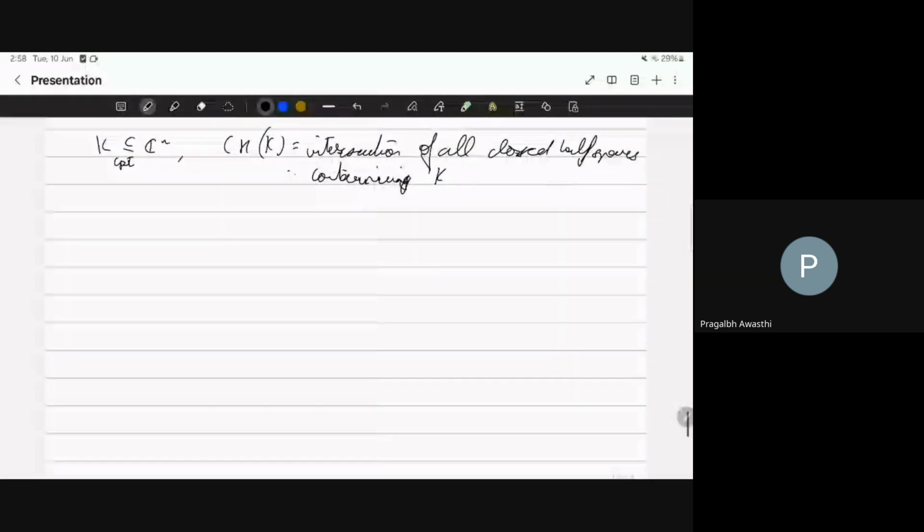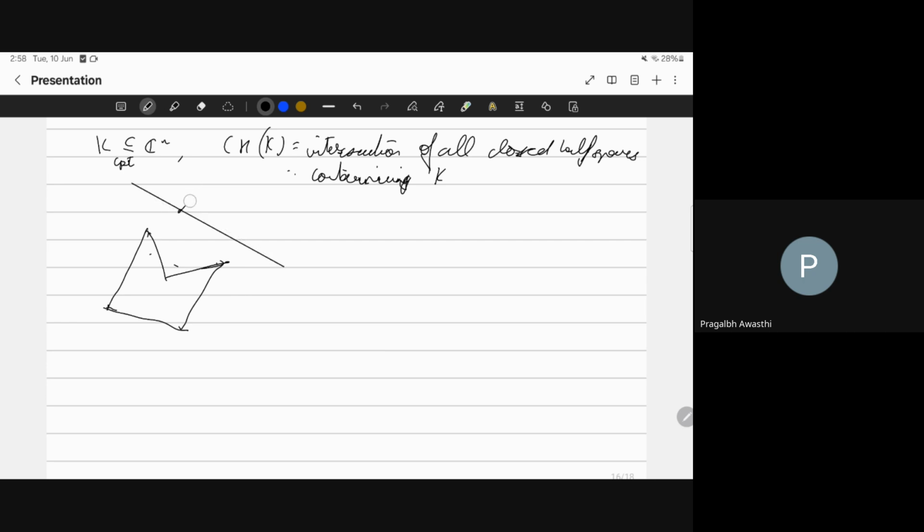Suppose my compact subset is something like this, which is clearly not convex. I can take two points, one here, one here, and the line segment is not in the set. So I want to find the convex hull of this. For each point in Cn or in R2n, I can consider a normal vector and a plane which passes through it, right?